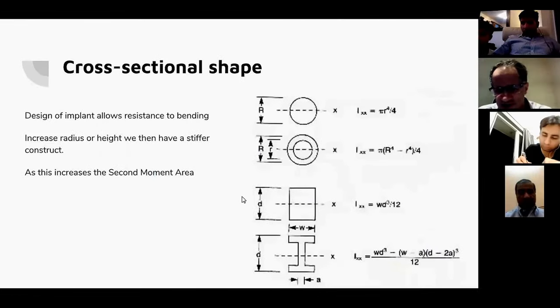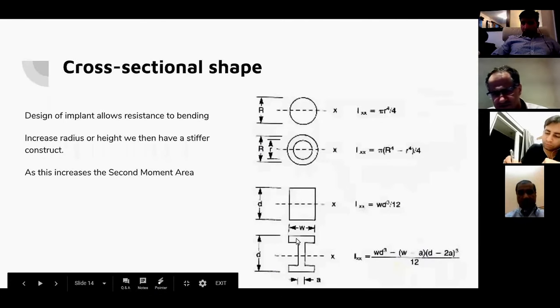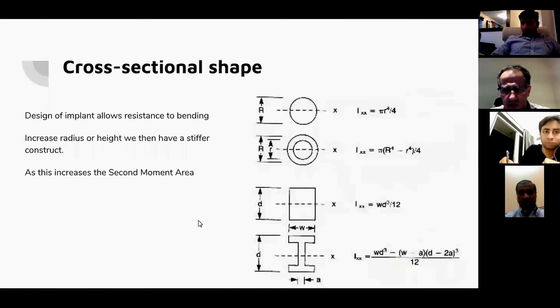For a plate or any metal bar, you're talking about width multiplied by the height, or in this case d, to the power of 3. Now that's an important concept to understand, because if you ever look at building sites, you'll always see that there are girders. And you wonder, why would they use girders?